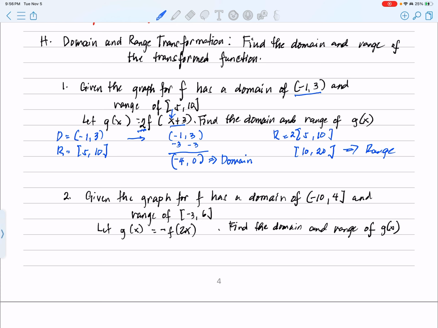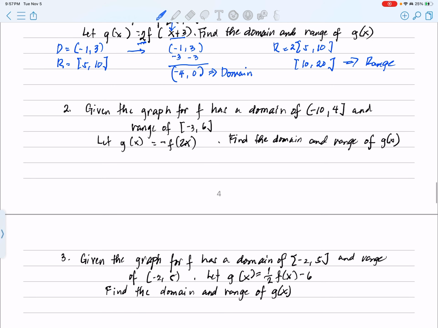All right. Number 2, given the graph has a domain of -10 inclusive 4, and the range is -3 inclusive 6. Okay, what's the condition here?